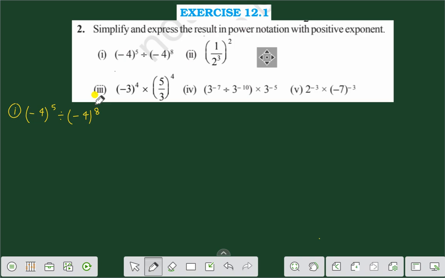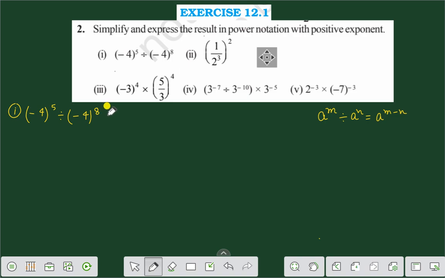We'll apply a formula here: a^m divided by a^n is equal to a^(m-n), right? We'll use this formula here.